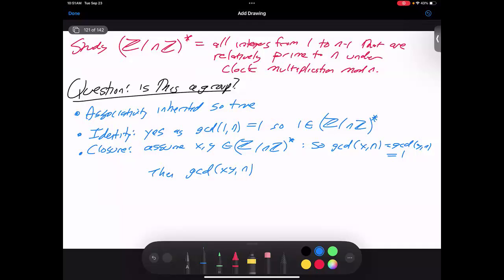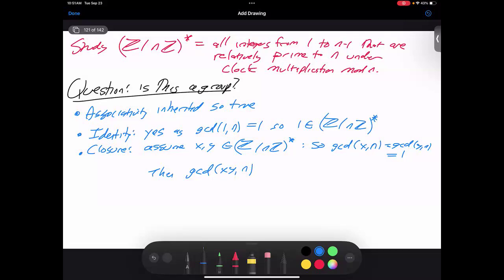Can that happen? This is where we use that if a prime divides a product, it has to divide one or the other. So there's no way I could have a prime dividing x times y without it dividing either x or y.